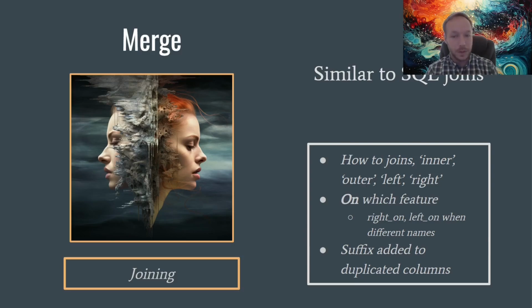Another famous type of merging or combining of data is the merge. This works similar to a SQL join: inner, outer, left, and right joins. On the inner, we bring in only the ones that have no null values; outer is any, including null values; left is all the IDs that appear on the left, and right is the IDs that appear on the right.